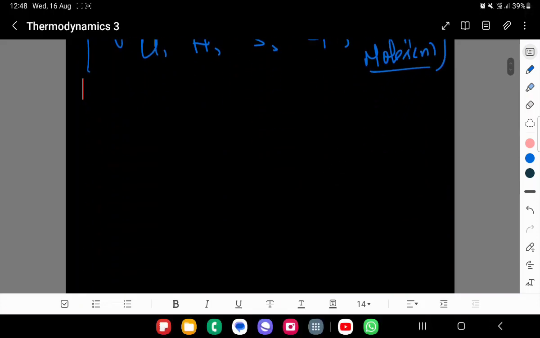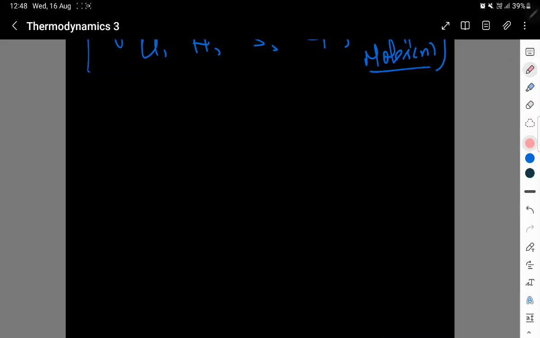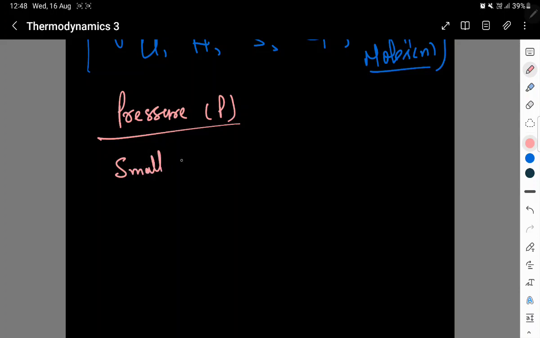For example, if we talk about the pressure, pressure P is a state function. If we want to represent a small change in pressure, we will represent it as dP.